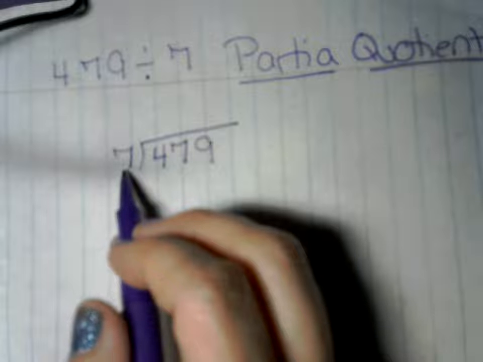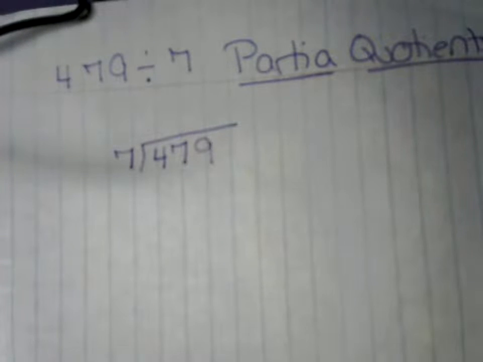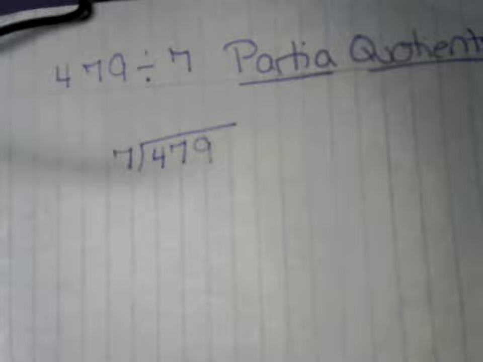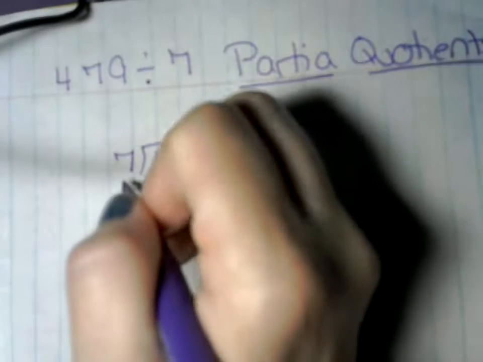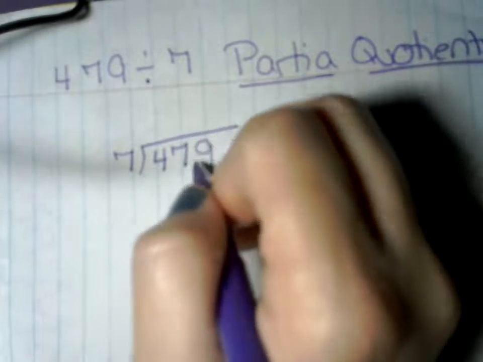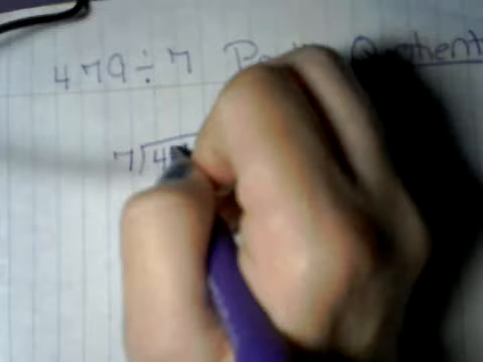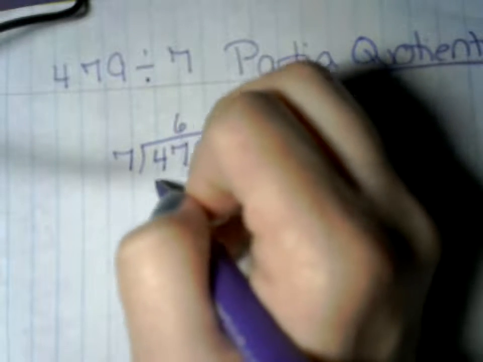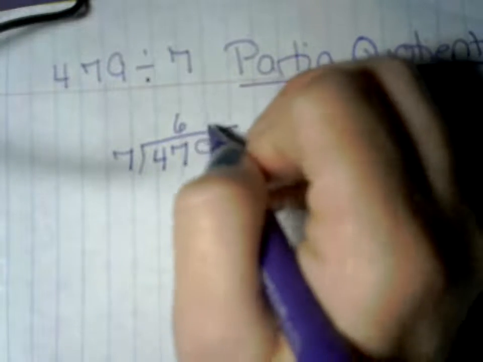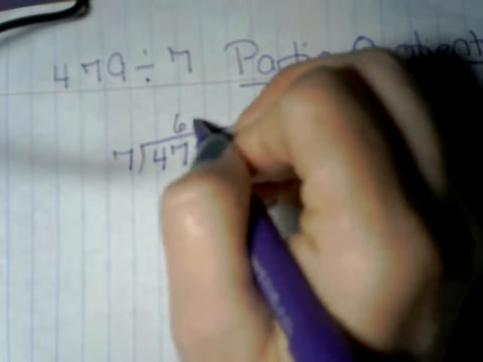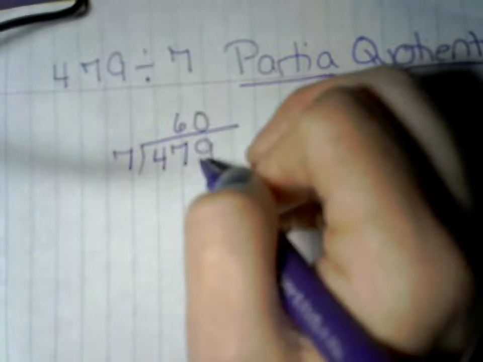And we're going to say, okay, how many 7s are in 47? Well, there's 6.